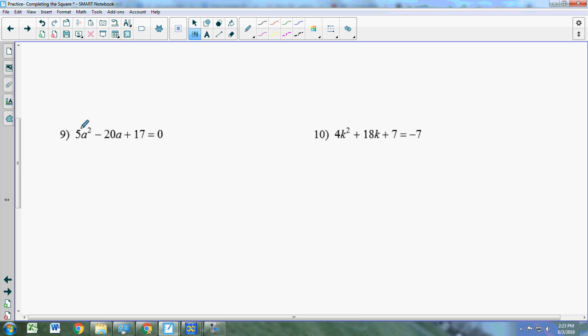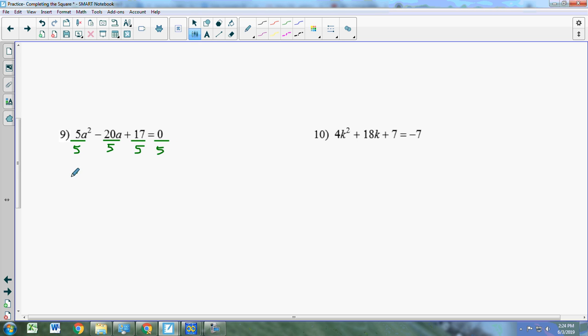Now, what we're going to do is we don't like having this coefficient out in front, because that's not conducive for completing the square. So what we can do first is divide everything by 5, even though it doesn't all divide nicely by 5, because 17 divided by 5 is not a nice whole number.